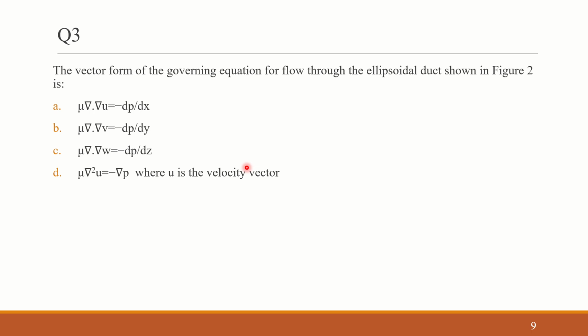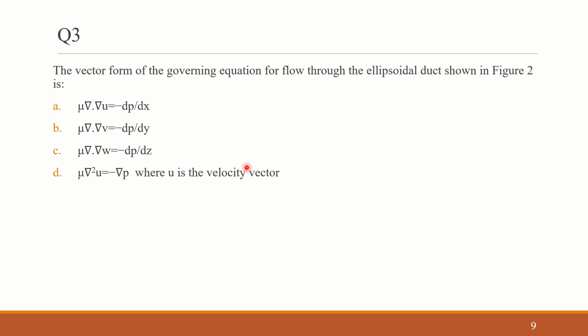So we need to give a generalized Navier-Stokes equation in the vector form. We need not go into the component form of the Navier-Stokes equation. So options A, B and C, if you look at them clearly, are all component-wise equations.